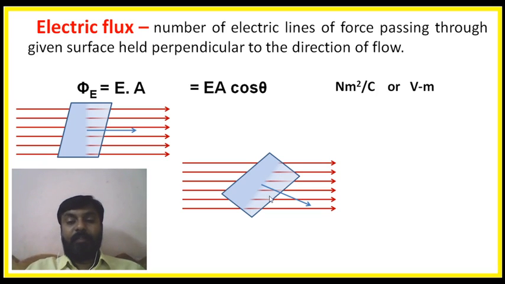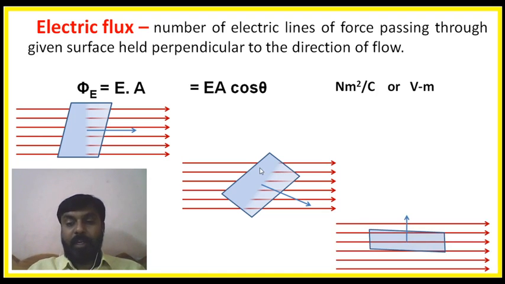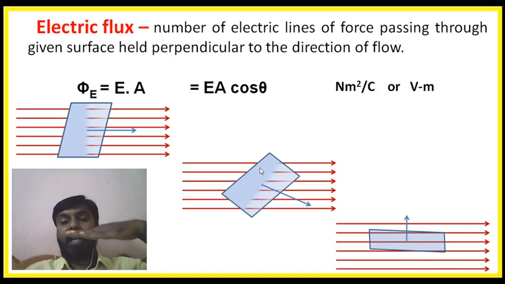In this case, the flux will decrease. First case is for maximum flux. This is an intermediate value. If you look at another case, here it is assumed that the surface is held parallel to the field lines like this.